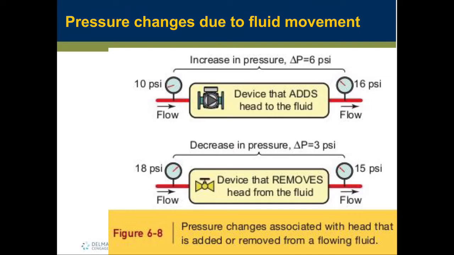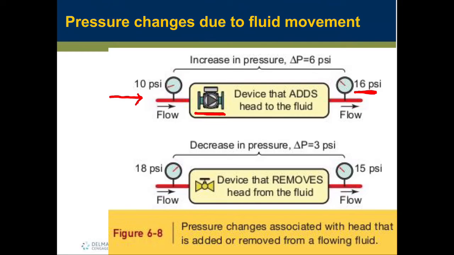So what do we do with this? One of the things that I need to recognize is that the pressure does change due to fluid movement. In the picture I'm going to show you here, there are two ways this is done. One way is we could put a circulating pump within a system and move fluid, and maybe the pressure going into this pump happens to be 10 PSI.